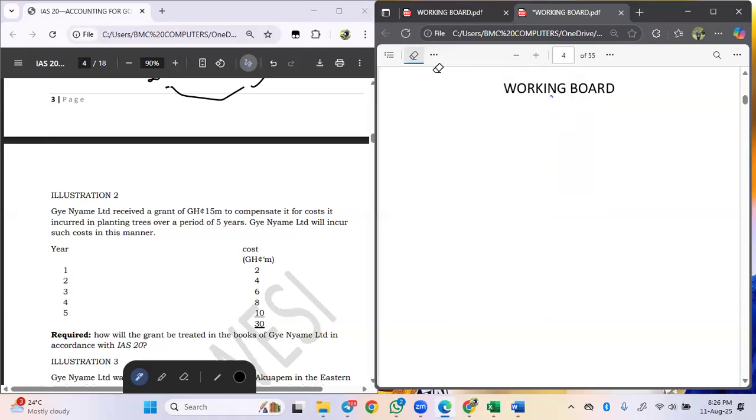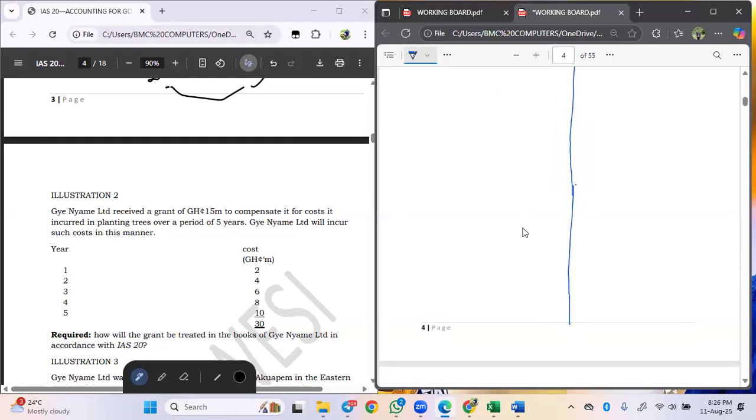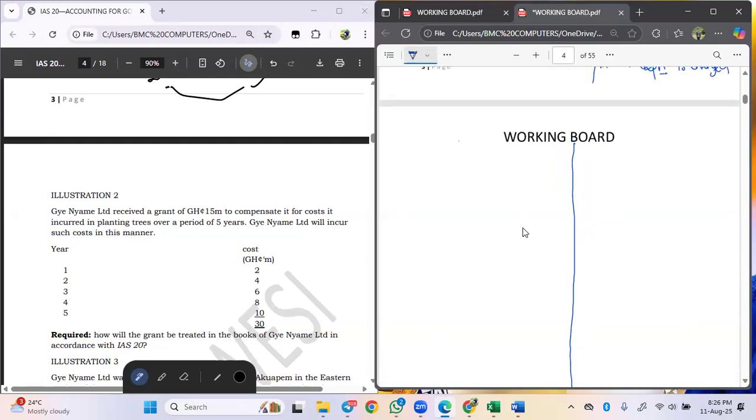Jinyame Limited will incur such costs in this manner: year 1, 2 million; year 2, 4 million; year 3, 6 million; year 4, 8 million; and year 5, 10 million, making a total of 30 required. How will the grants be treated in the books of Jinyame Limited according to IAS 20?